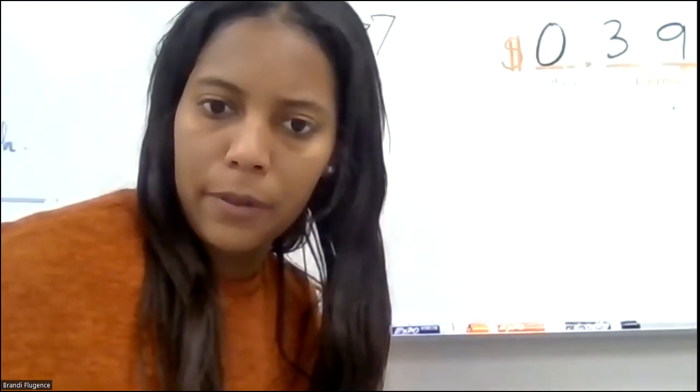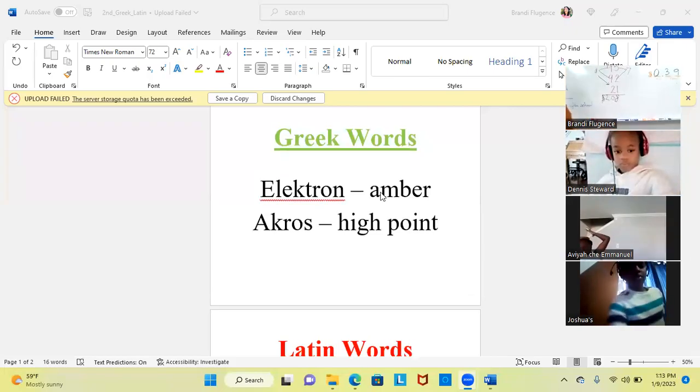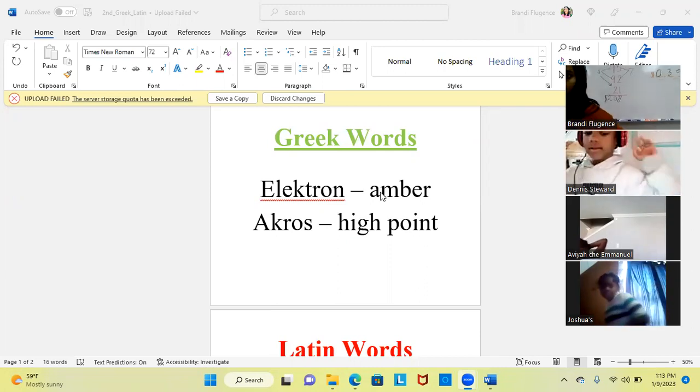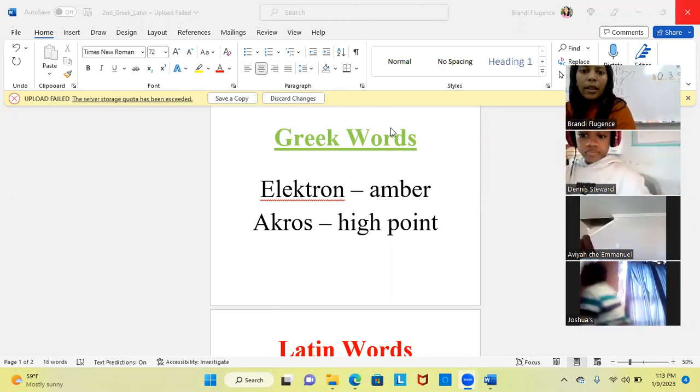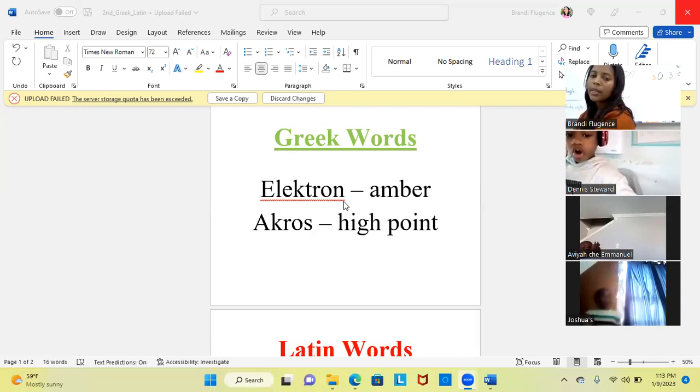All right, let's look at your Greek and Latin for this week. So our first Greek word is electron. Electron, and it means amber.